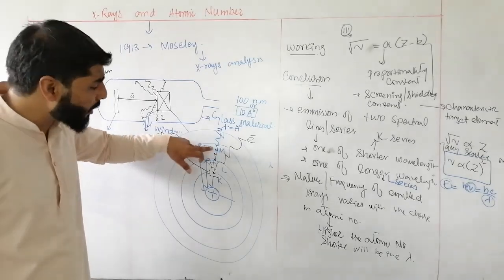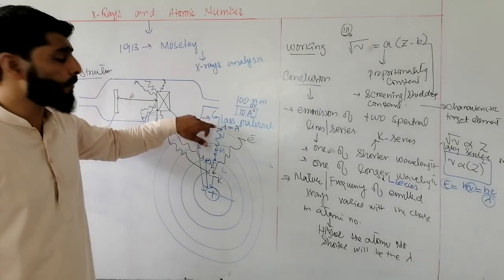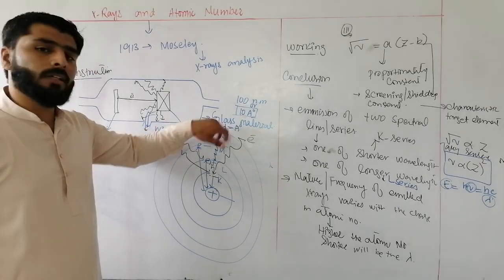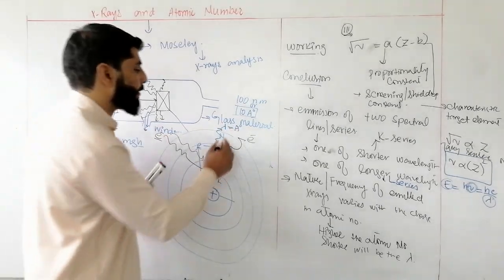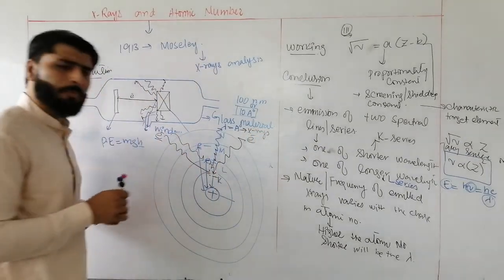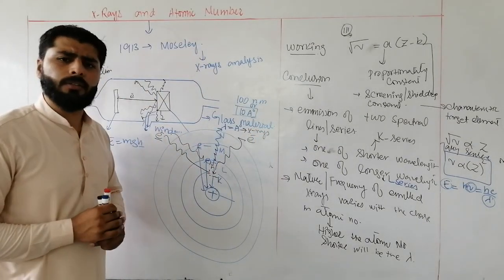And the emitted radiation has the energy and wavelength of the order of X-rays, the X-ray spectrum of electromagnetic radiation.